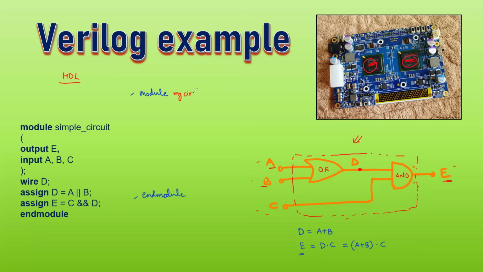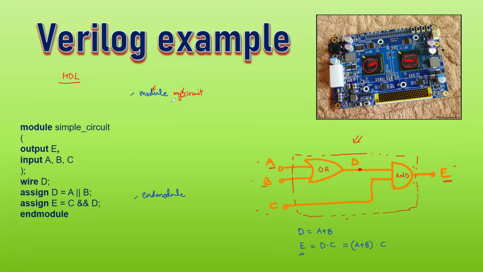You cannot have a space in the module name. So my underscore circuit can also be written that way. Here I have used the name simple circuit, and here I am giving it the name my circuit.